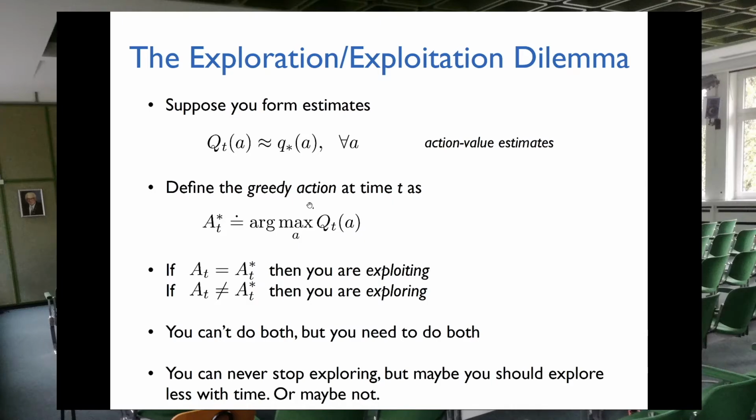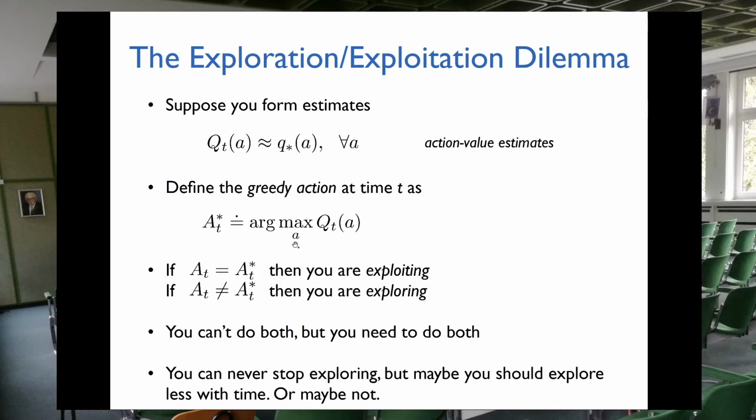One of the very basic strategies to approach this exploration-exploitation dilemma is the greedy action, the greedy policy. And this greedy action means, given your current estimates of the Q values for all the actions, selecting the action that has the maximum Q value at present time, at time t.